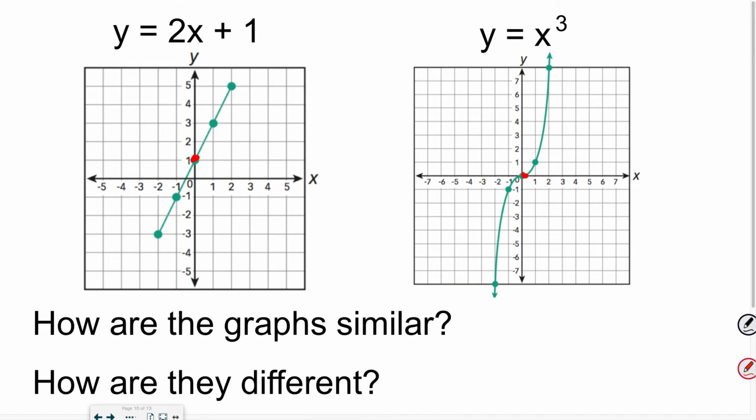The slope of 2. Alright, there's a slope of 2. And what makes the one on the right not constant? But what is it in that equation that makes it different? The exponent, absolutely. The exponent is what's going to change your growth rate. It's not going to be constant.